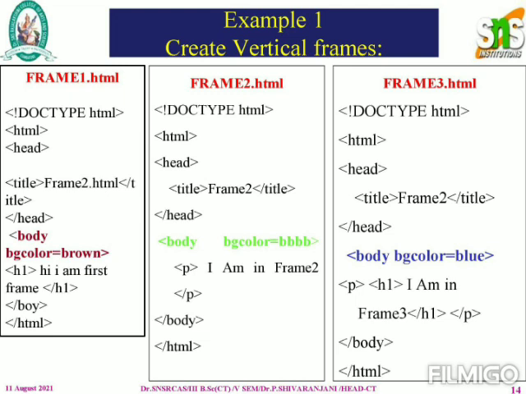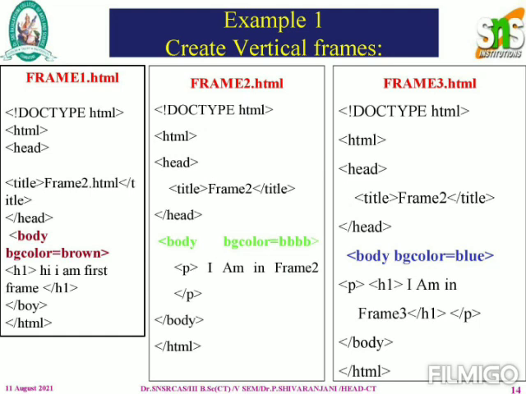The corresponding code I have also given in frame 1, frame 2 and frame 3. I have given the color of frame 1 as brown, and I have given the heading as I am in frame 1. In the second frame, I have given the background as BBBB. It means hexadecimal. You can also refer to the background color by using a hexadecimal code.